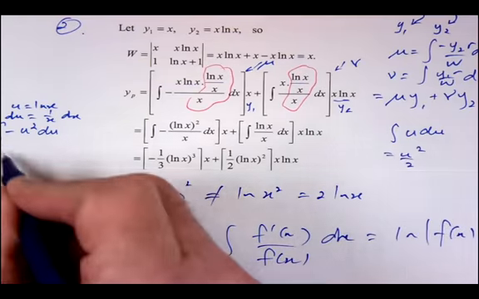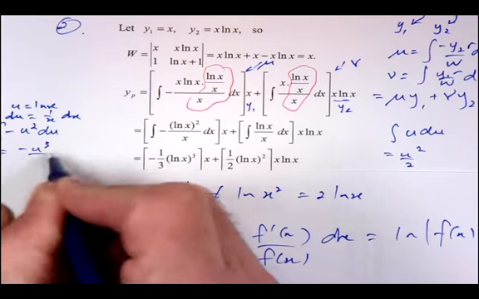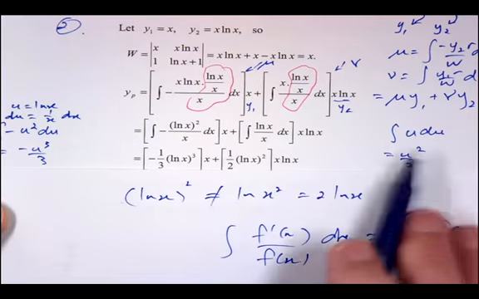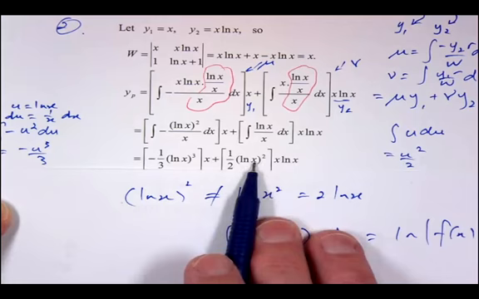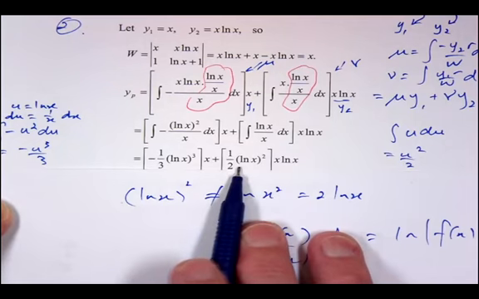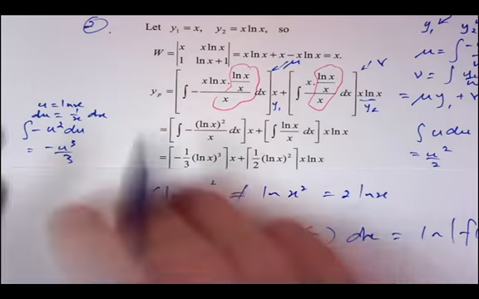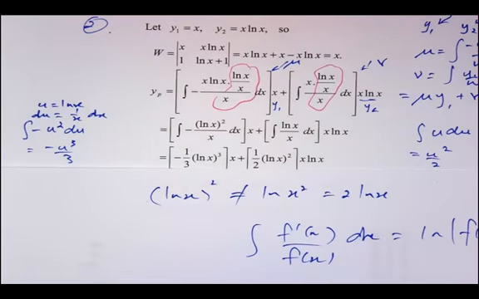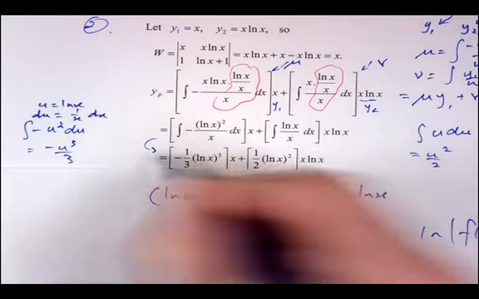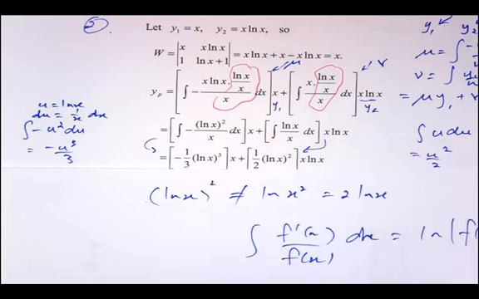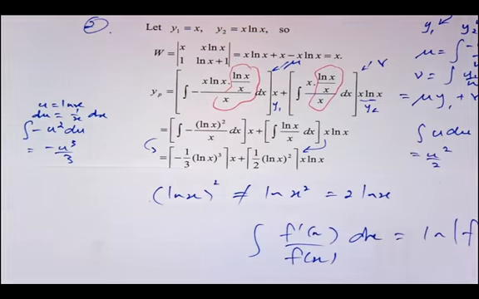This was minus u cubed on 3. But u is log x, and so there is the log squared x on 2. Now you might take a few extra lines and do these integrals slightly differently, but that's how we get from there to there. In each case, we're using those substitutions.